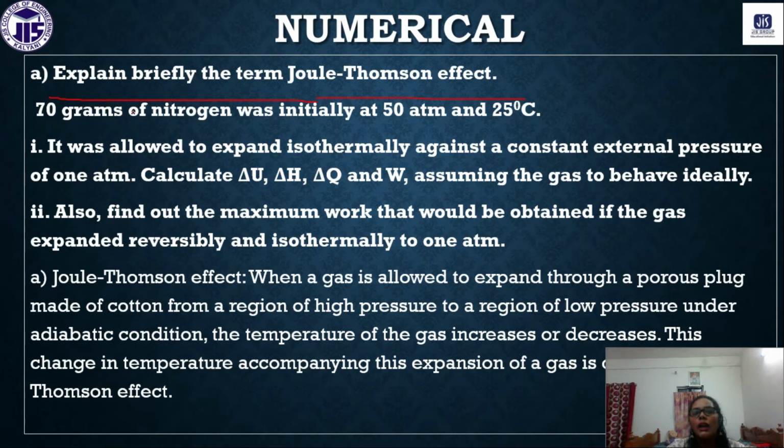So 70 gram of nitrogen was initially at 50 atmospheric pressure and 25 degrees centigrade.